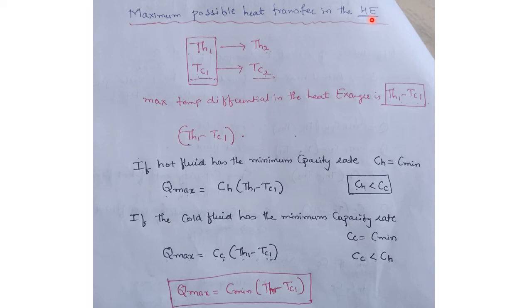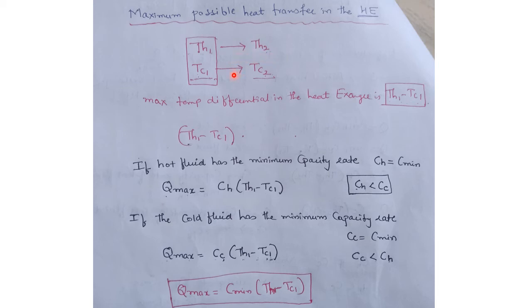Now let us consider a heat exchanger where the hot fluid is cooled from a temperature TH1 to TH2 in the heat exchanger. The hot fluid's temperature will be maximum at TH1, and after transferring heat to the cold fluid, its temperature will be TH2.